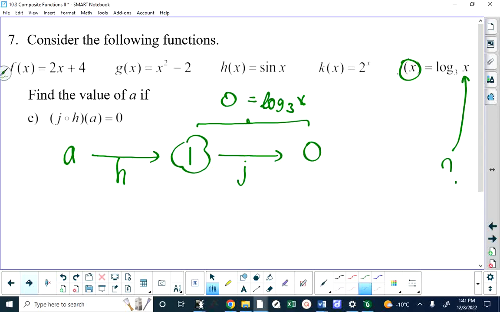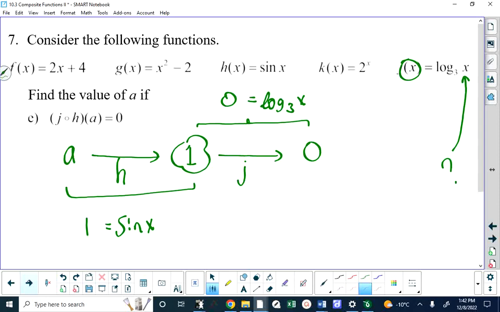This part is saying that we don't know what goes in to h, but we do know we get 1. And, you know, I'm sorry to break it to you, but just because we're done with the trig units doesn't mean we're done with trig. Where is sine of a rotation angle equal to 1?